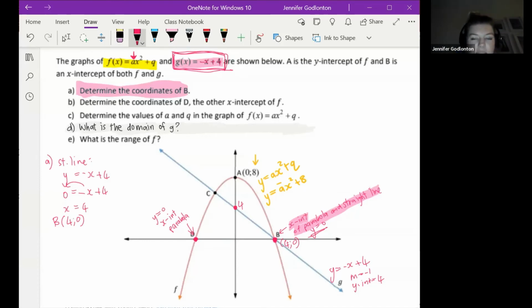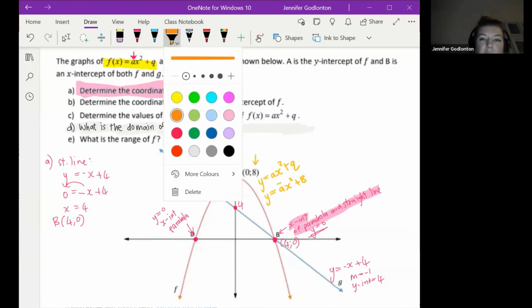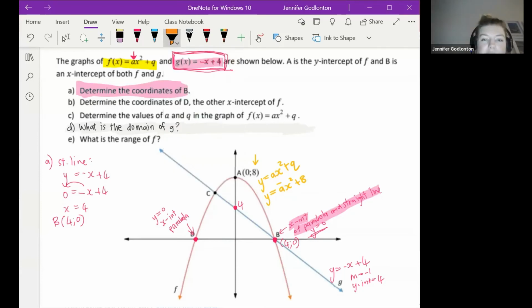Now, the second question over here is asking us, what is the coordinates of D? Now, the important thing to think about a parabola is that they are always symmetrical. They're like a butterfly. You can fold them in half and they are exactly the same on both sides.